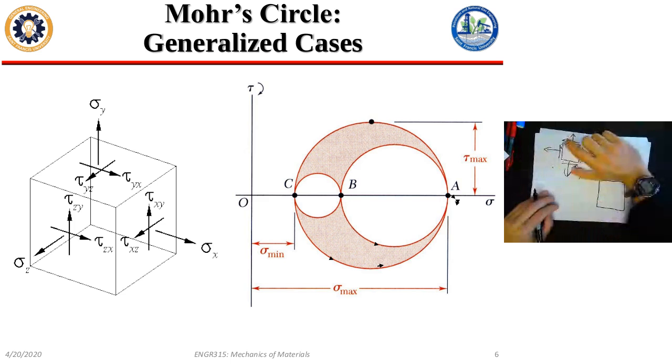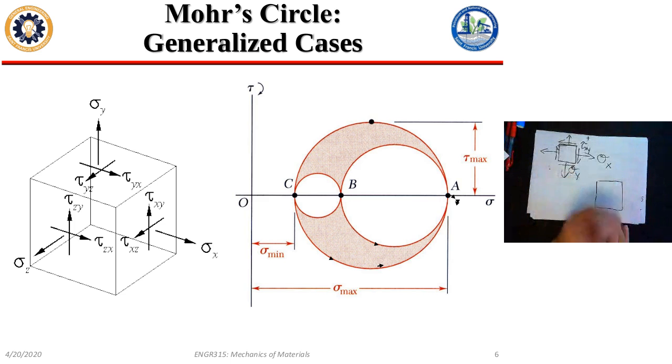Say I just rotate it like that, so sigma y is facing up. Now I'm going to see sigma z and sigma x instead. Does that make sense?